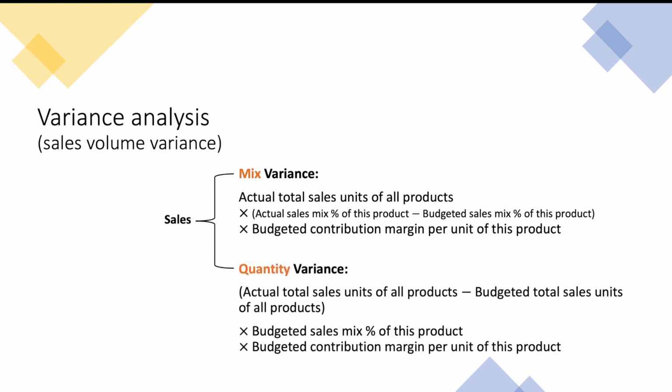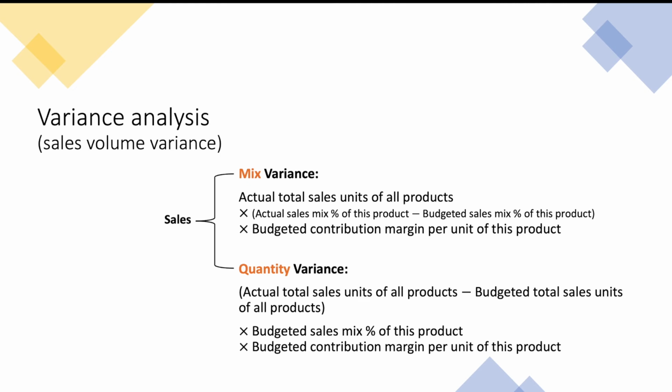In the mix variance, we take actual total sales units of all products, because it's a mix, multiplied by actual sales mix percentage of this product minus budgeted sales mix percentage of this product, multiplied by budgeted contribution margin per unit of this product.